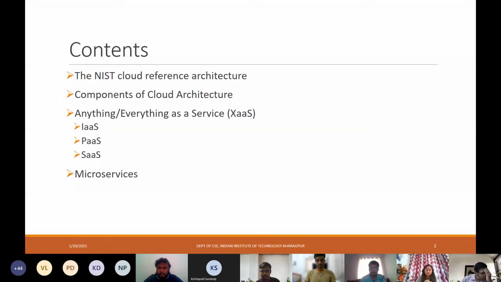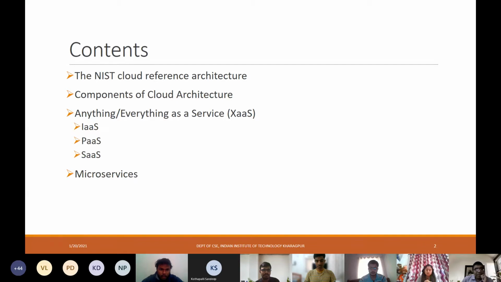So for cloud computing also, there is the reference architecture which is very important. I told you about the chronological evolution of cloud computing, starting from Salesforce.com in 1999 to different other companies, including Google, Amazon, and other companies who also joined the league.